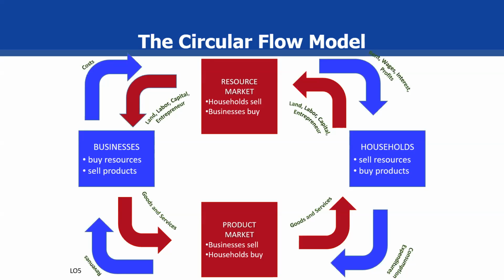Because nothing is free. When you work for somebody as an individual, you are looking for your income, for your salary at the end of the month. So when businesses use the resources that they purchase in the resource market, they have to make a payment. That's why we have these costs.